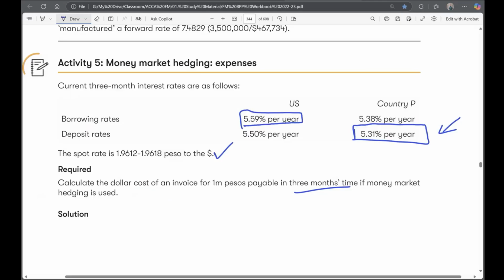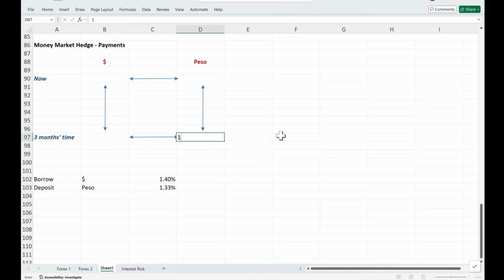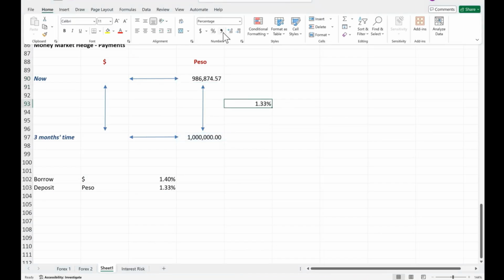Okay, how much peso do we have to pay? 1 million peso in 3 months' time. Convert into present value: divide by 101.33%.